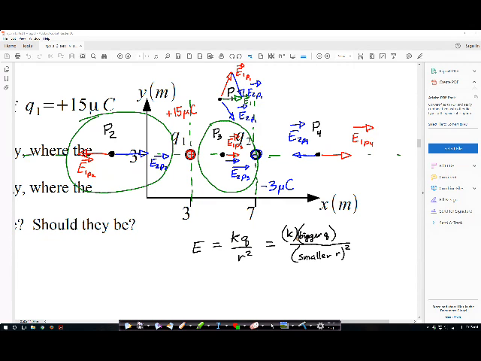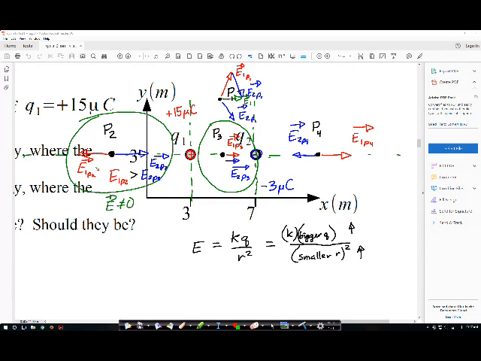But so we have a constant times a bigger Q on the top, and that bigger Q tends to make the electric field bigger, divided by a smaller R squared on the denominator, which also tends to make the electric field bigger. So if we're closer to the stronger charge in this region to the left of Q1, that means that E1 P2 is always going to be greater, and this is the magnitude, than E2 P2, which means that the net electric field cannot be 0.